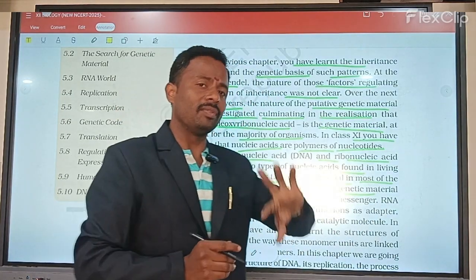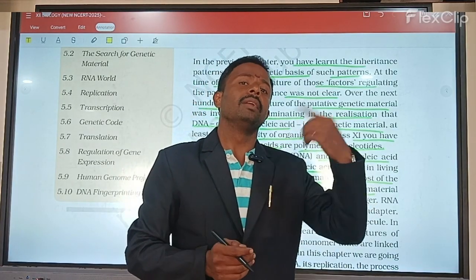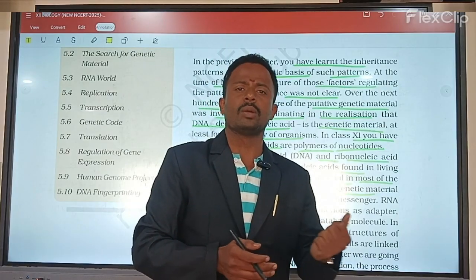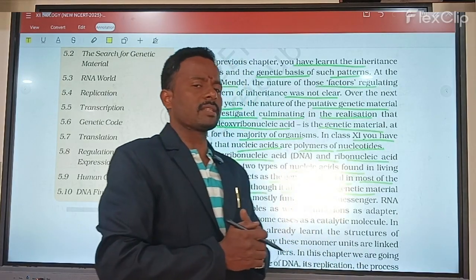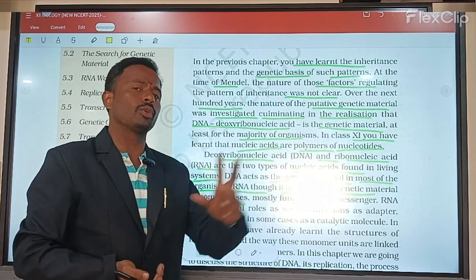Living systems mostly contain DNA, but acellular organisms like viruses can contain RNA, ribonucleic acid, as the genetic material.